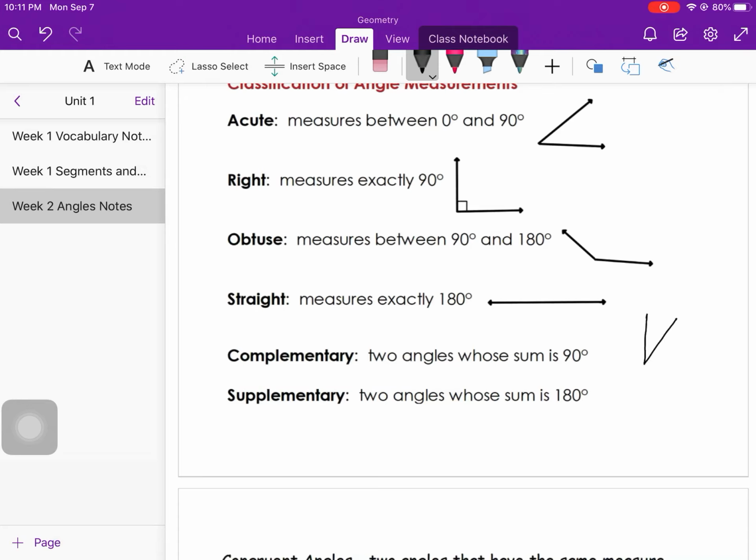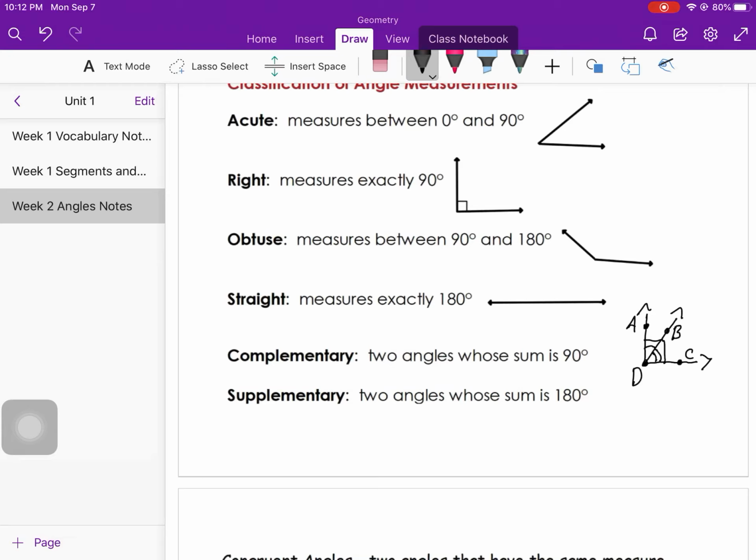So let me just kind of draw a picture here. Let's say that we have A, B, C, and here's D. So angle ADB, which is this angle right here, combined with the angle right next to it, BDC, that angle right there, together, those form a right angle.